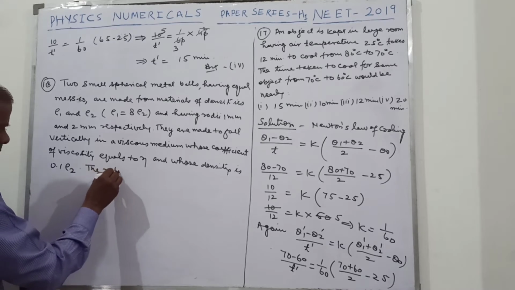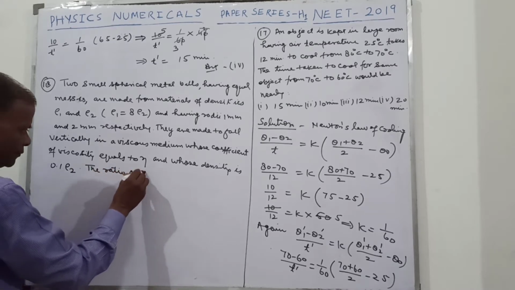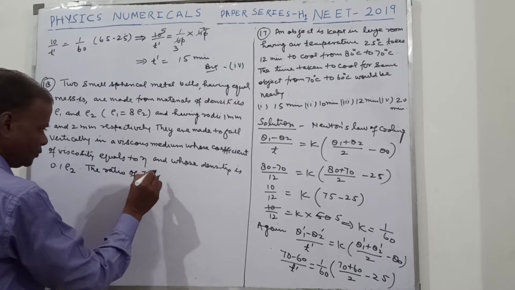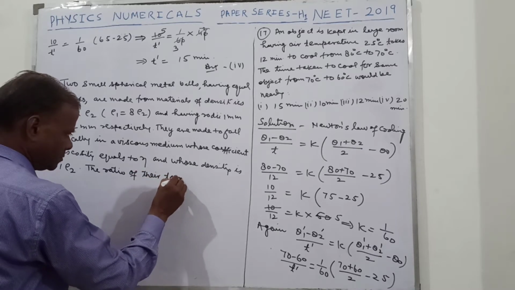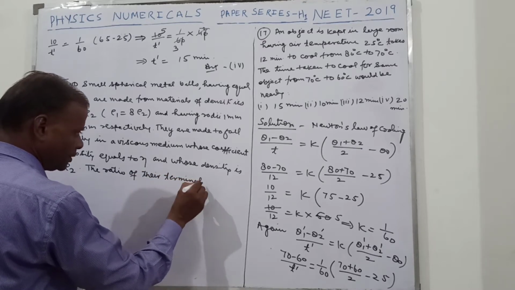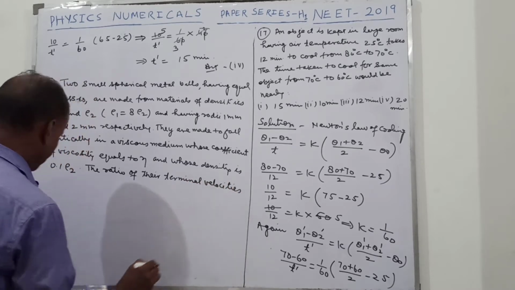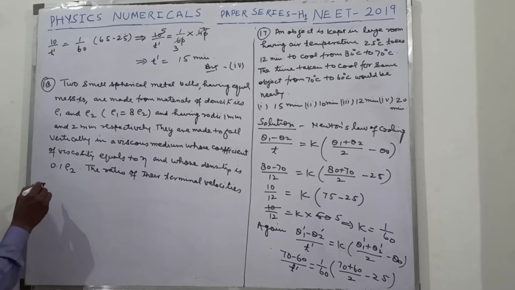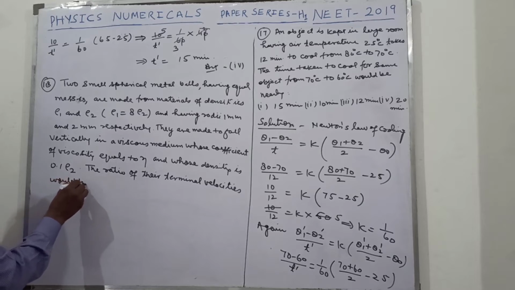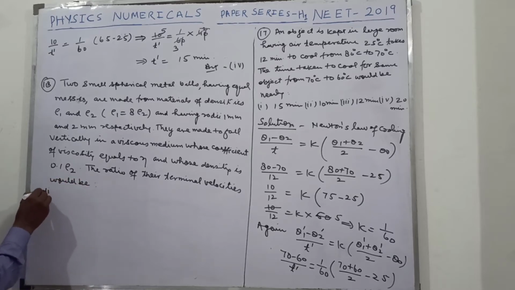The ratio of their terminal velocities could be: number 1, this is now your 79/36.